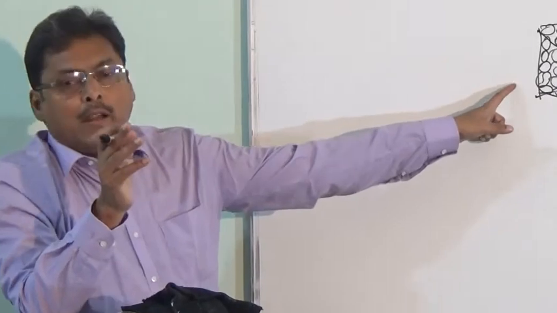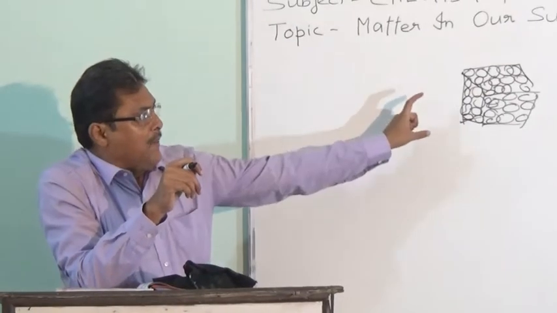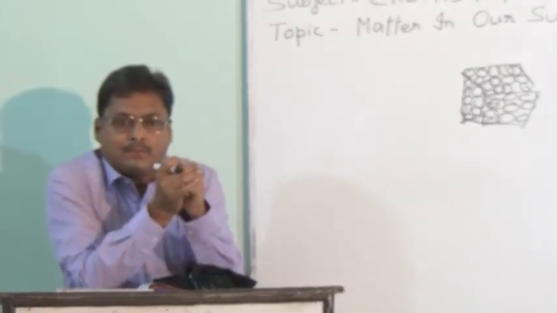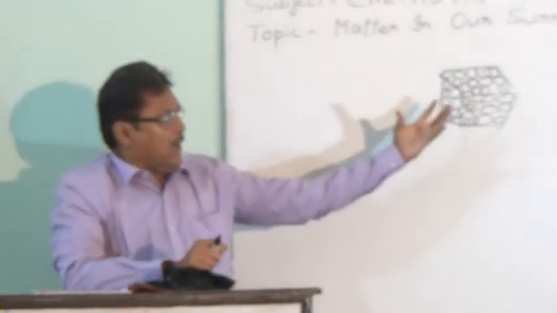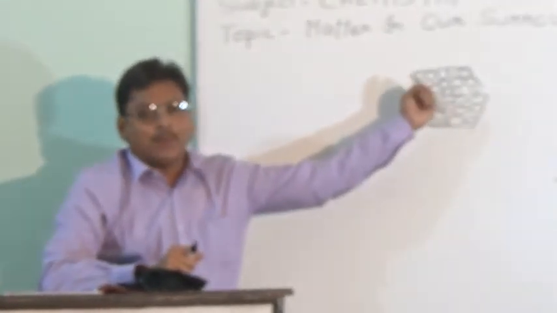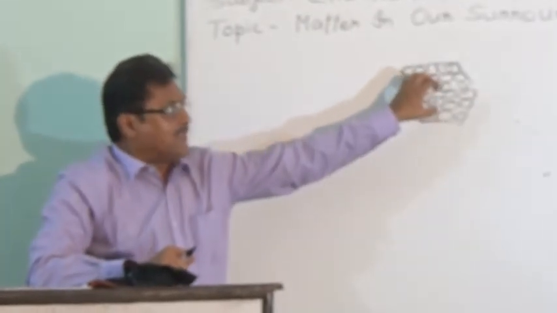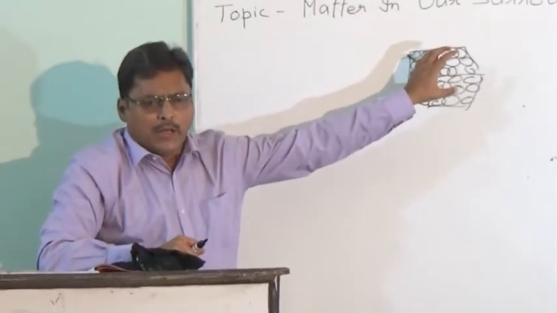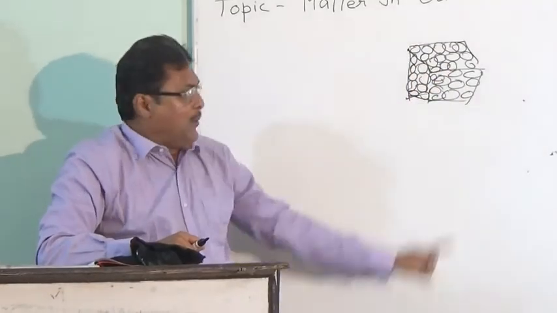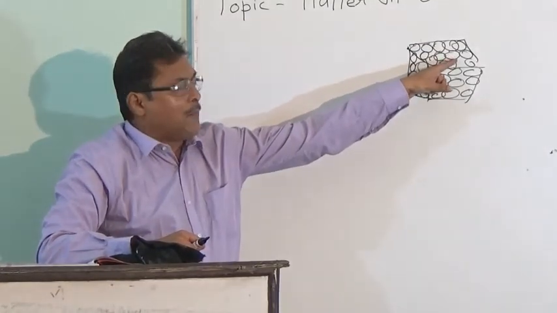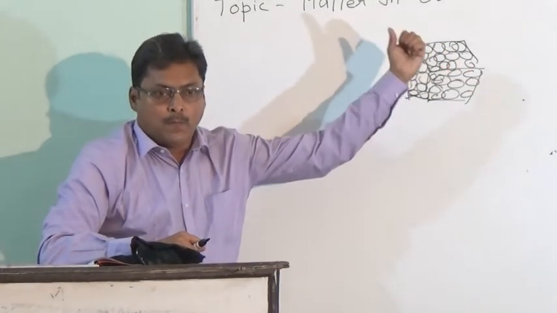They do not need any container to keep them at one place. They are very less compressible. We cannot press them much. Mostly we cannot press them at all, because there is no space between the particles. So how can we press them?